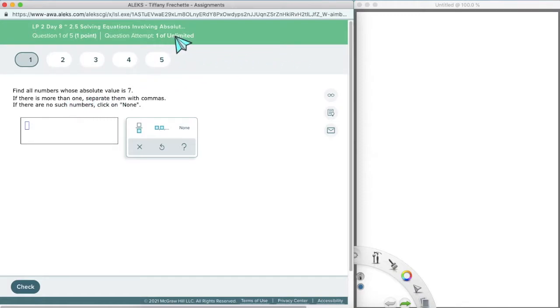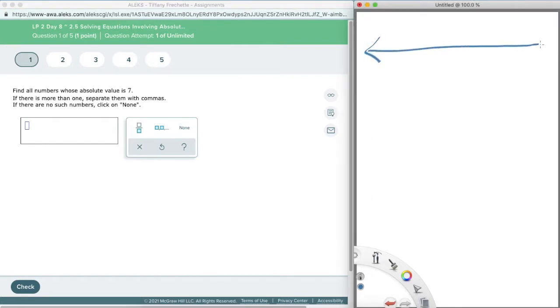So we're going to be dealing with absolute value. First, we're just going to introduce the idea of absolute value for the first couple of questions here. If we look at a number line, because this is the way I like to do this, absolute value is a distance from a midpoint.